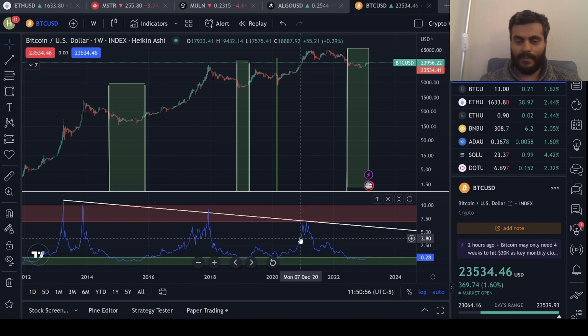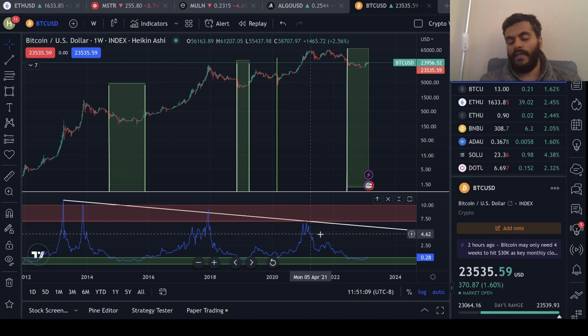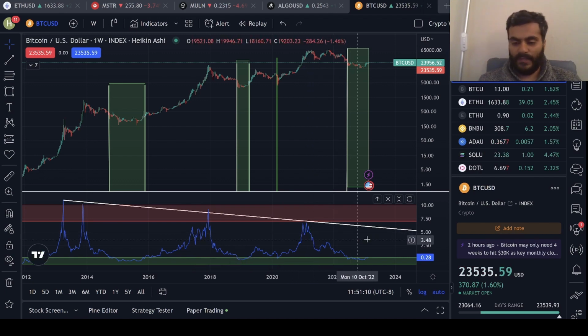For example, Bitcoin's last halving was in May of 2020, whereas the peak of the MVRV Z-Score was around March or April of 2021. So by that logic, the next halving is scheduled, it's not set in stone, somewhere around the end of April of 2024.